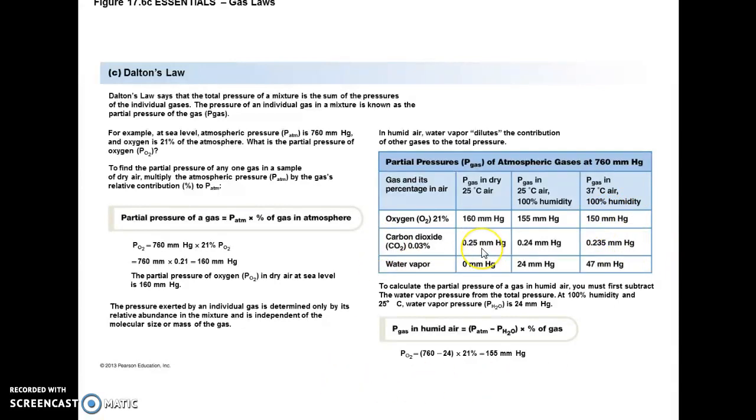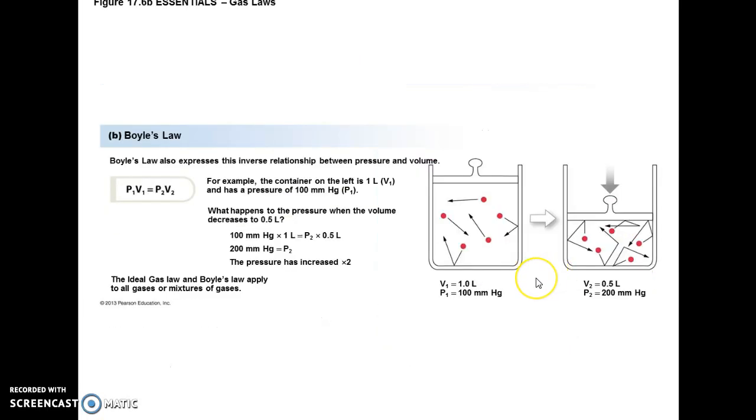Carbon dioxide is only about 0.25 millimeters of mercury in the air, a very small percentage. Water vapor is about 0 in dry air, but in your moist, 100% humidified air, it's more like 47.